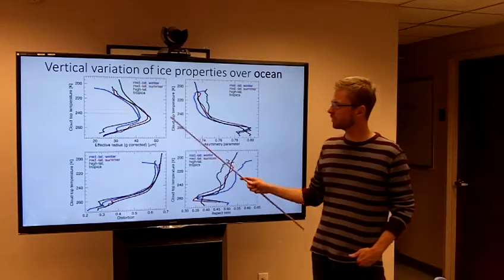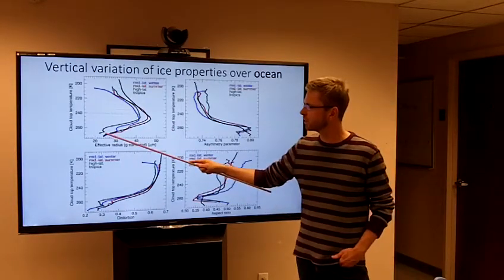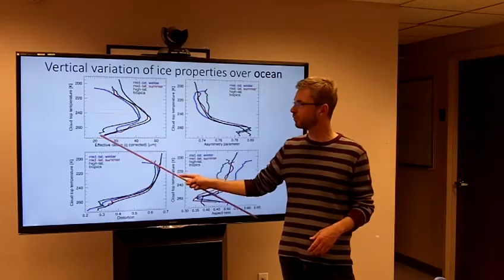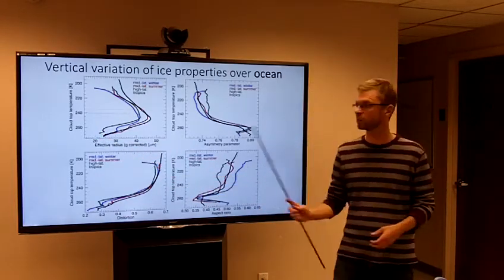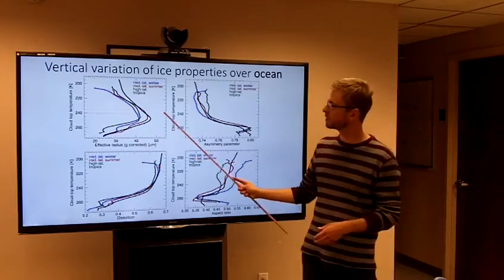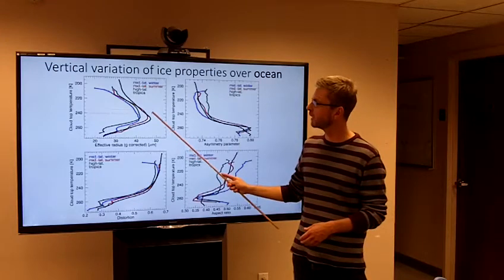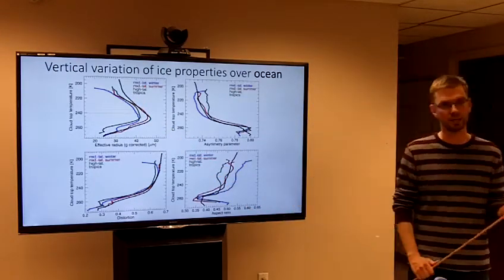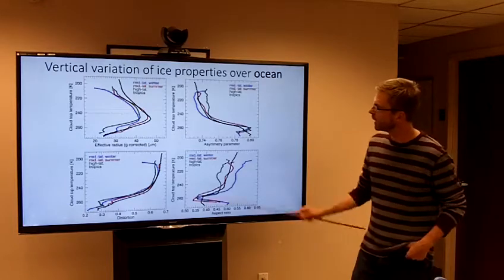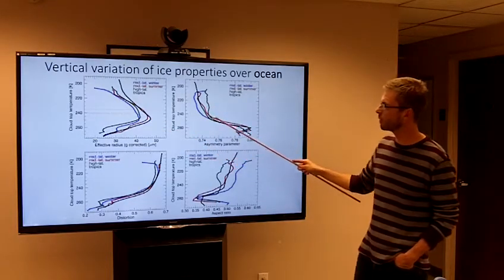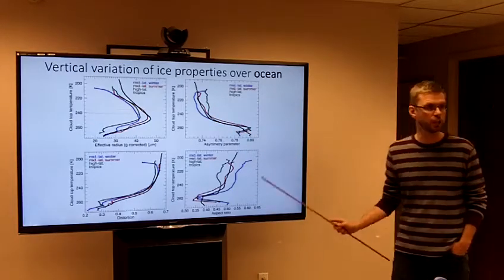And some interesting things you can see: these ice crystals are very small for very warm cloud top temperatures. Then they increase as the temperature goes down. There's this maximum right here, and then for colder temperatures they start to decrease again. Around the same temperature here, you see that the asymmetry parameter starts to change.